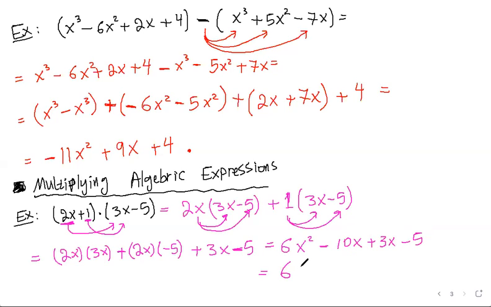So the answer is 6x squared minus 7x minus 5. Any question? No, sir. Okay. So this is exactly by using the distributive property.